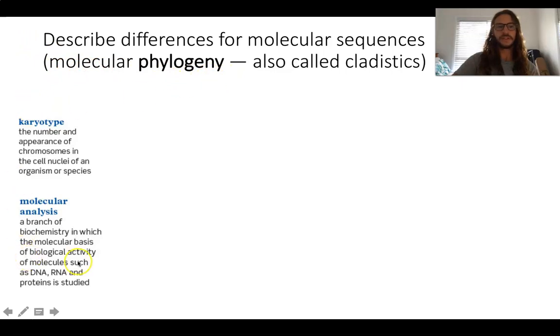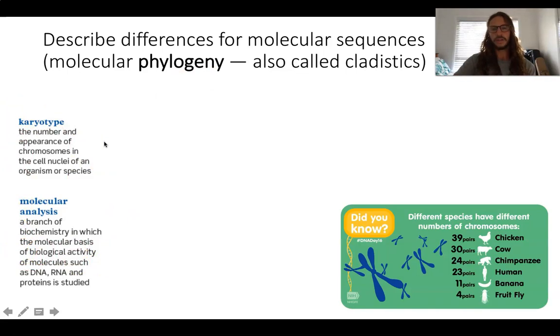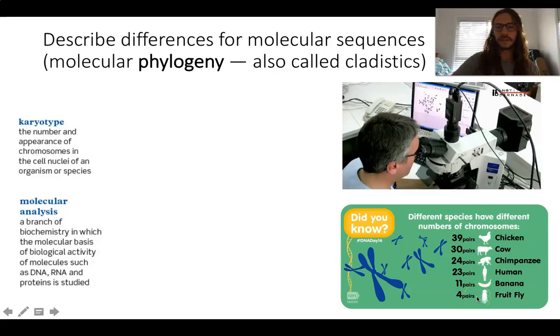There's a few key terms here that we'll talk about as we go. So you may have heard that humans have 46 chromosomes, or 23 pairs. Different species have different amounts of chromosomes, such as the chicken has 39 pairs, and the fruit fly has 4 pairs.